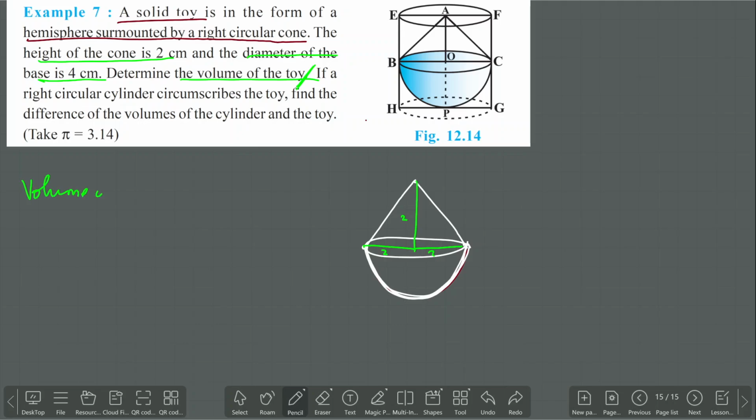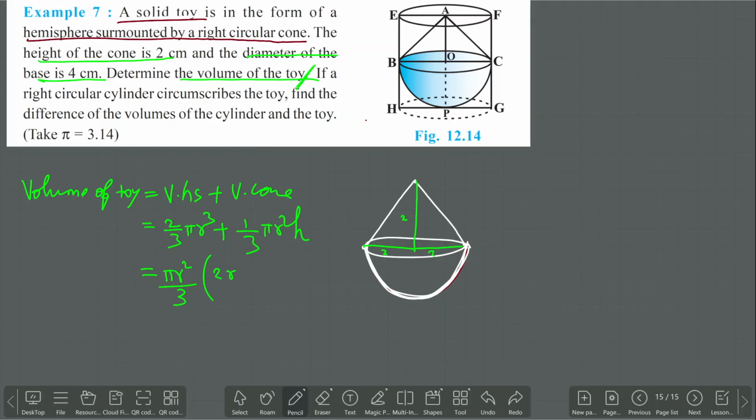Volume of toy is volume of hemisphere plus volume of a cone. Volume of hemisphere 2 by 3 pi r cube plus 1 by 3 pi r square h. Radius is common for both, so take pi r square by 3 outside.